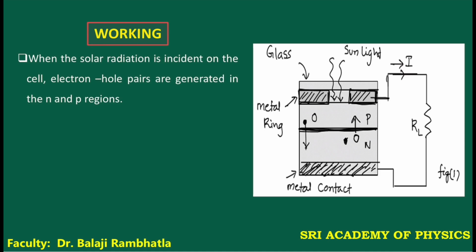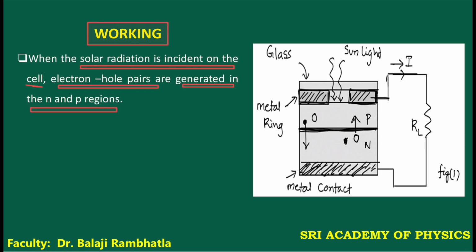That's why this is the direction of the current. Okay. So when the solar radiation is incident on the cell, the electron and hole pairs are generated in the P region as well as the N region.